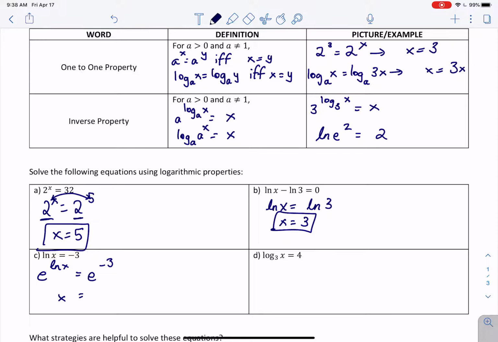On the right side, we have e raised to the negative 3, which you can type in your calculator if you want, or leave it like this for an exact answer. Same thing on this one, I have log base 3 of x, so I can use 3 to raise that up on both sides. And so then the 3 and log base 3 undo each other. We just get x, and then 3 to the 4th is 81.